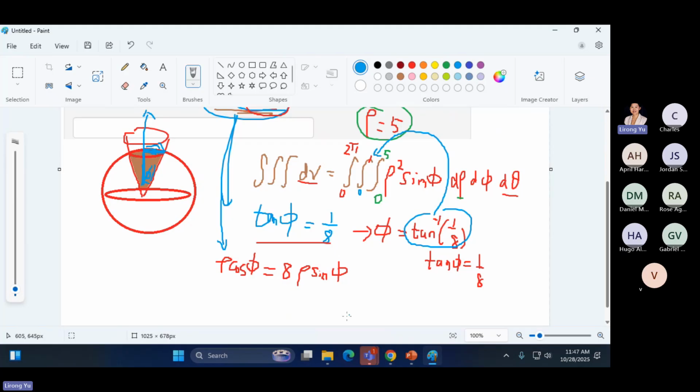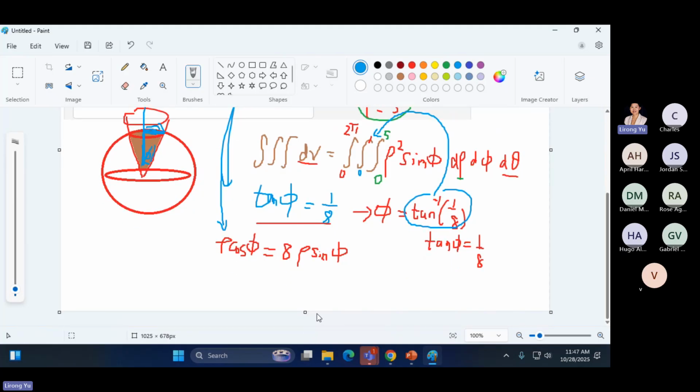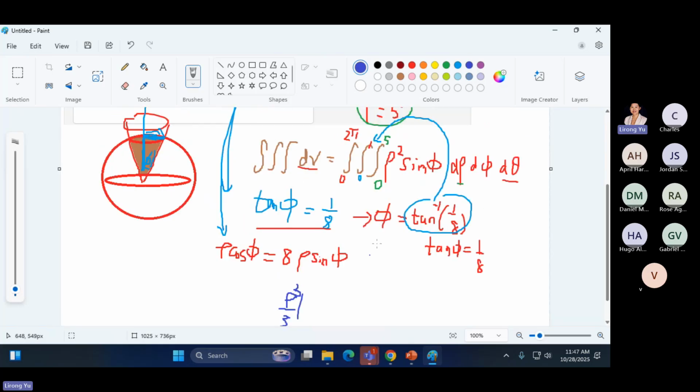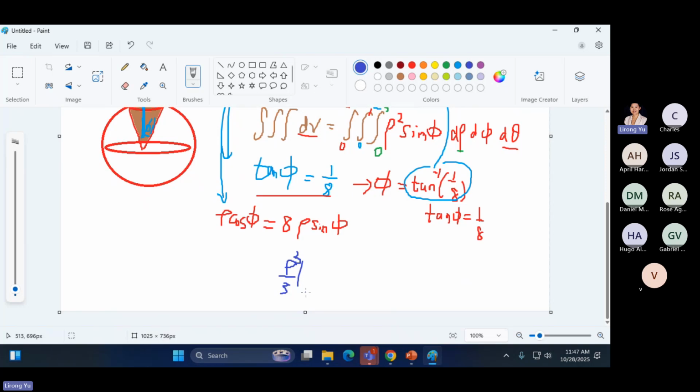Now we're going to finish the integration. It's very similar to what you see in the paper question or in the question online. The antiderivative of rho squared d rho is rho cubed over 3, and we're integrating it from 0 to 5. So this will be 5 cubed over 3.